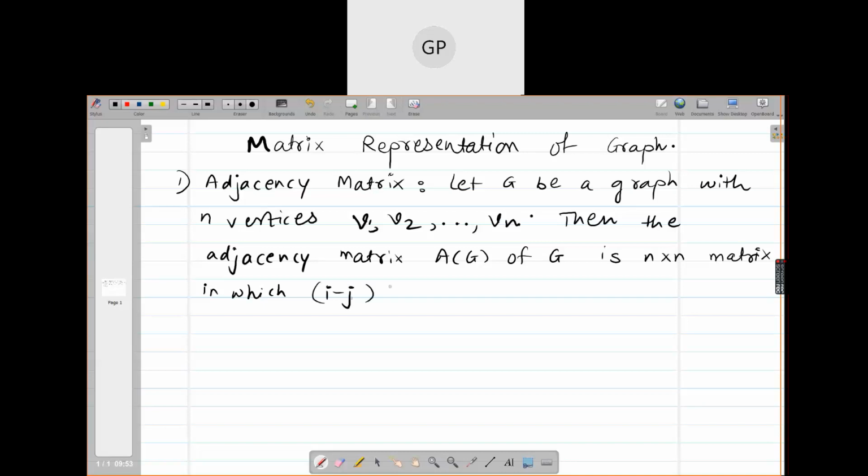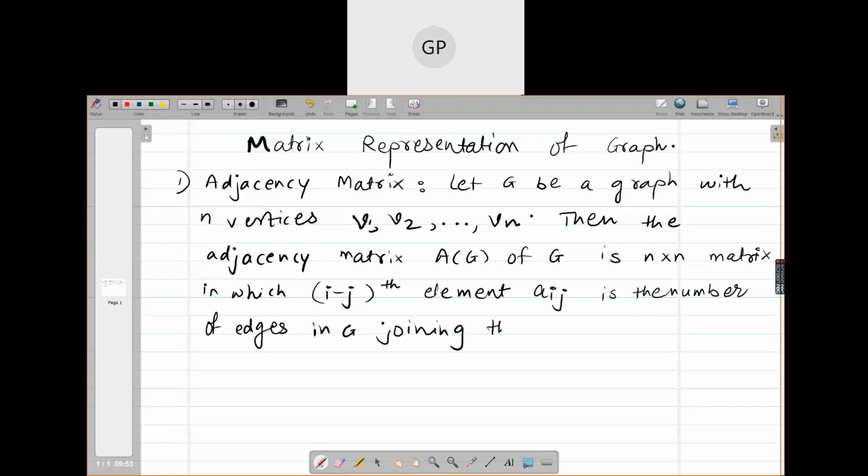the ijth element, this is not i minus j, it is the ijth element Aij, is the number of edges in G joining the vertex pair Vi, comma Vj.